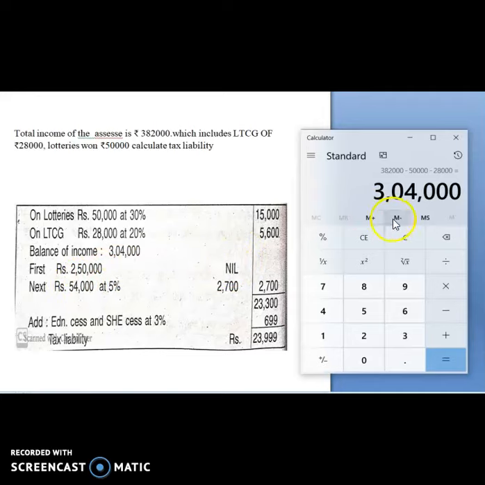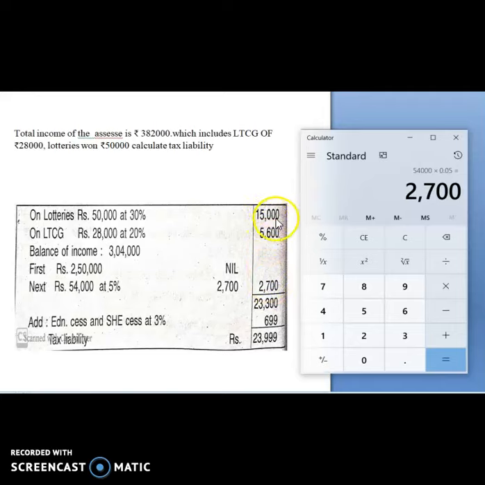We deduct that 2,50,000, and we get 54,000. On this 54,000, we calculate 5%, that is the second slab, the 5% slab. When you calculate, you will get 2,700. We write the 2,700 in the outer column.